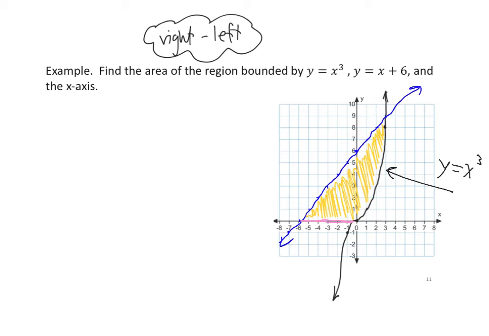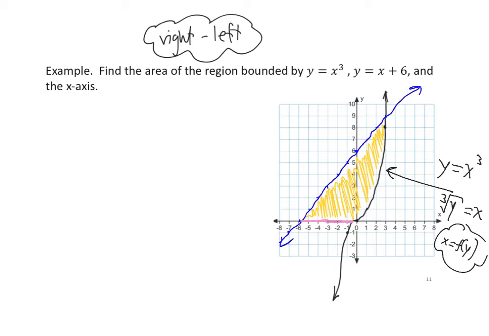Right now, when you say y equals x cubed, you're writing y as a function of x. But if we solve for x, which in this case is as simple as taking the cube root of both sides, we will get cube root of y is equal to x. So now we have x as a function of y. And as you can see, it's the quote-unquote top function because it's the function on the far right.